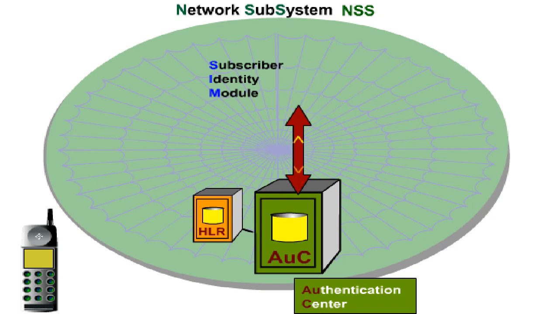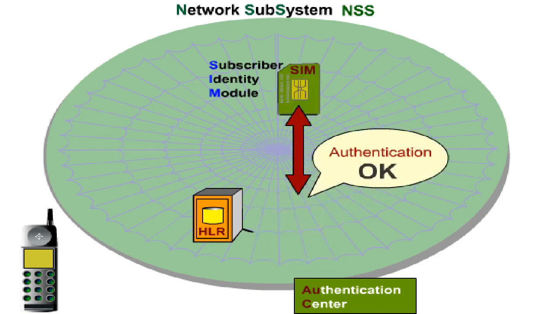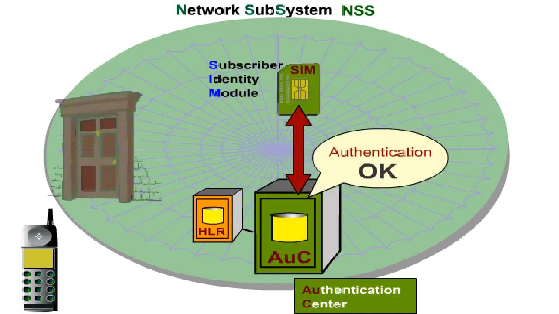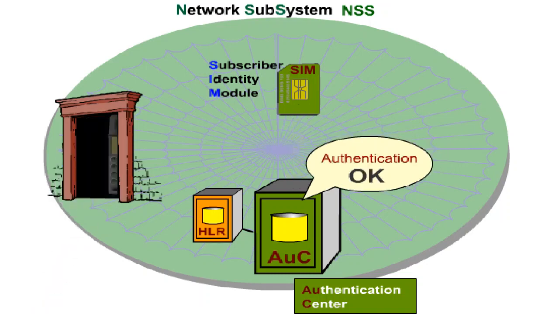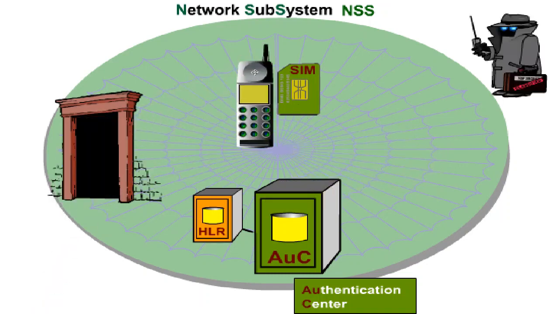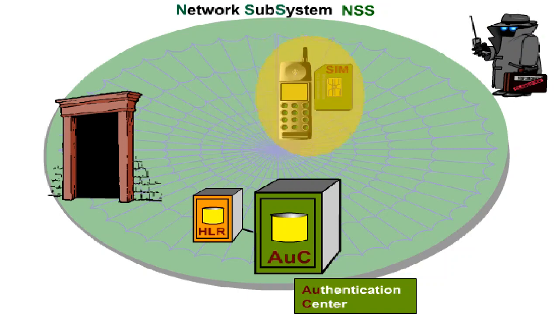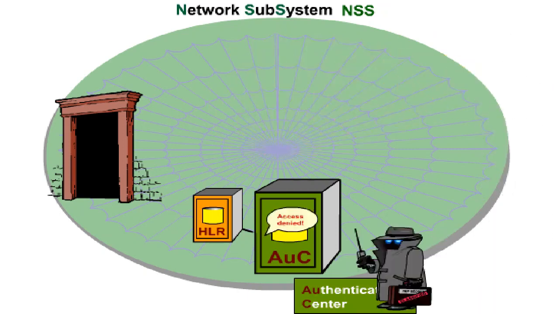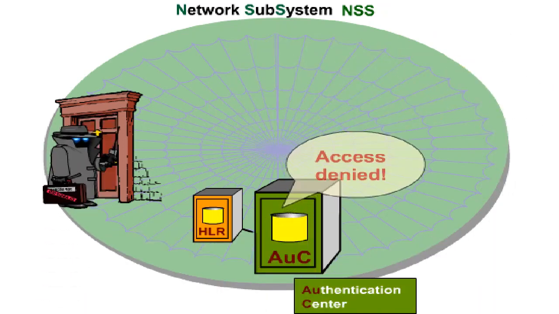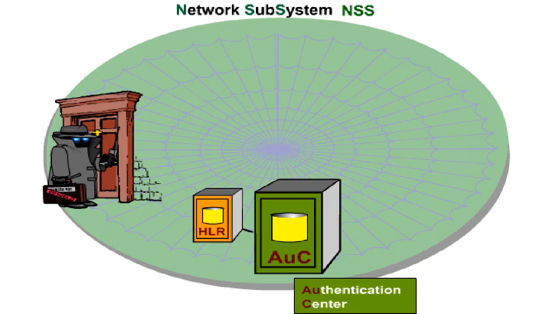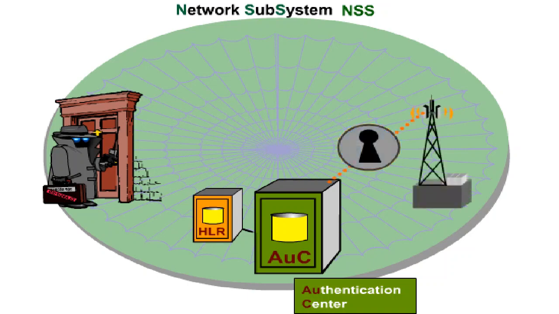If the data proves to be identical, the authentication of the subscriber is successful and he's given permission to enter the network. If the SIM card is stolen, authorization to access the network is disabled very easily via the AUC. Additionally, the AUC provides necessary information to cipher the air interface.